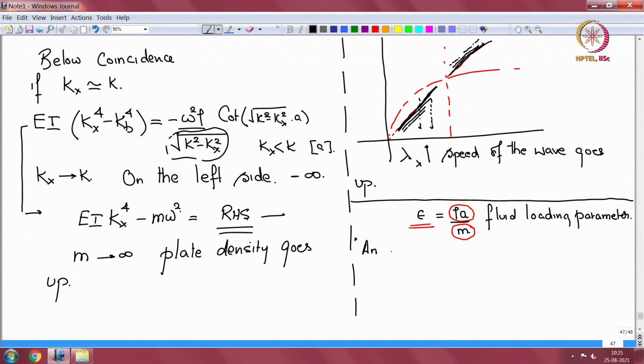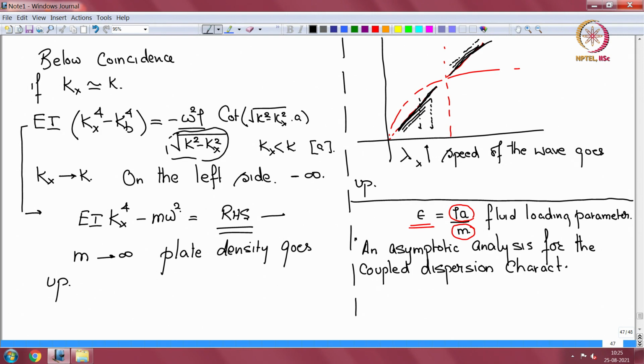I'm giving the title: an asymptotic analysis for the coupled dispersion characteristics of a structural acoustic waveguide.